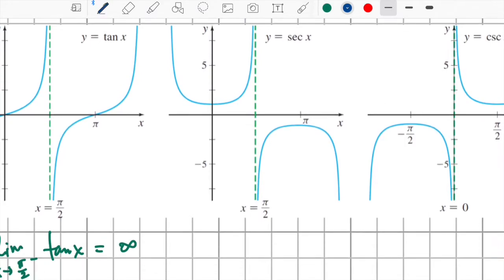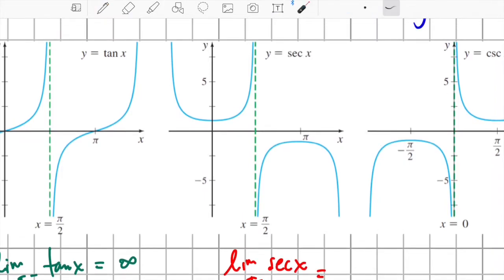Okay, let's look at secant again at pi over 2. If I look at the limit as x approaches pi over 2 from the left of secant of x, we're approaching pi over 2 from the left, the graph is going towards positive infinity. It increases without bound, so positive infinity.